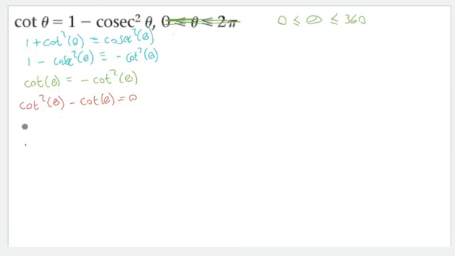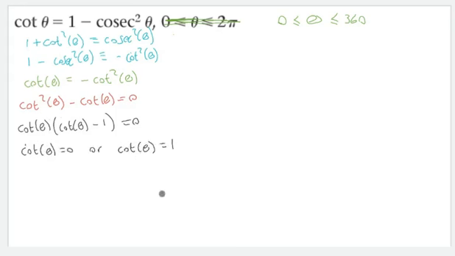Cot theta brackets cot theta minus 1. Cool. And then you get cot theta equals 0 and cot theta equals 1. Yep, cot theta equals 0 or cot theta equals 1. And then you change cot theta for 1 over tan theta.